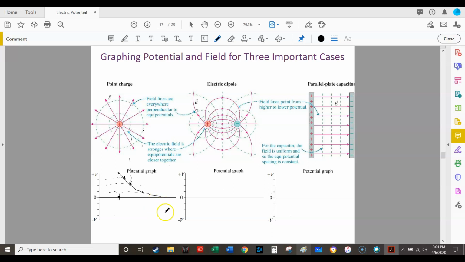It won't go below 0, okay, because you would have to have a negative voltage, and the only way you get negative voltages is with an electron. Well, on the right-hand side, you're going to have the same type of thing. You're going to have it gradually dropping off on the right-hand side. So what you get is something that looks almost like a volcano.